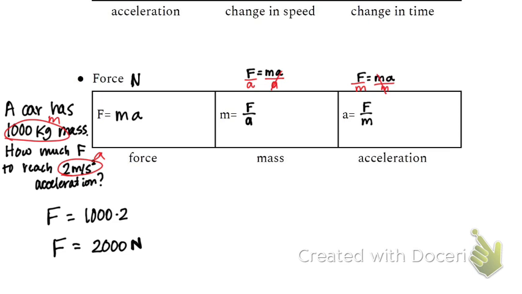Let's do another one. Let's say a train has a force of, I don't know, 5,000 newtons.